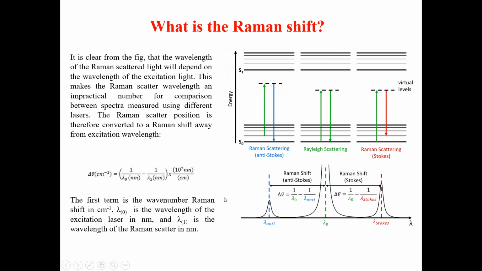So remember in this relation, the first term, which you can see here, with the lambda naught, is the wavelength of the excitation laser. We take that in nanometers, which I mentioned in the previous slide is about 532 nanometers, and lambda with the subscript 1 is the wavelength of the Raman scatter in nanometers. So this is the relation for the wave number, or we can say the Raman scatter position.